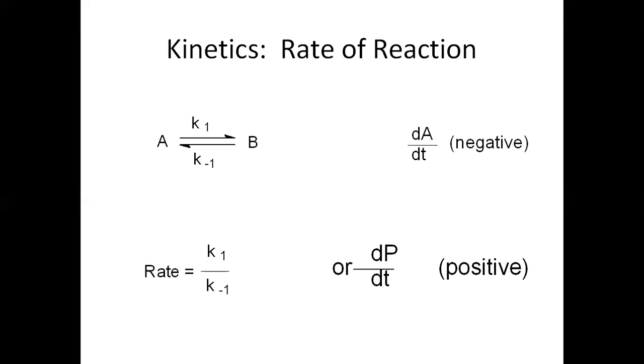So these kinetic rules are all well and good, but one cannot actually go into the lab and measure rate constants. Instead, one is either measuring substrate or product.